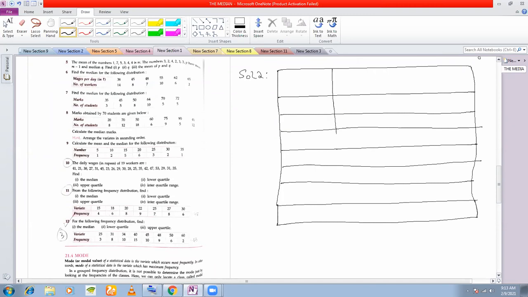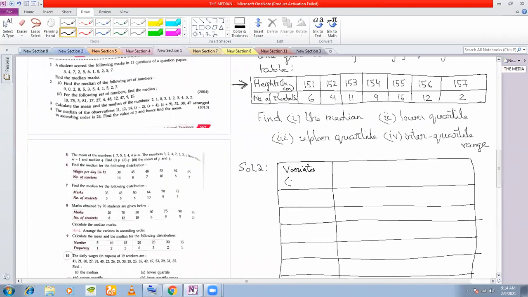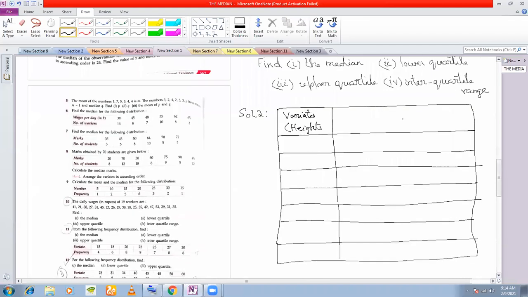The first column will be for variates, which means the data of which we need to find out the median. So this here is heights. The second will be for frequency or number of students. Finally, third will be your cumulative frequency.